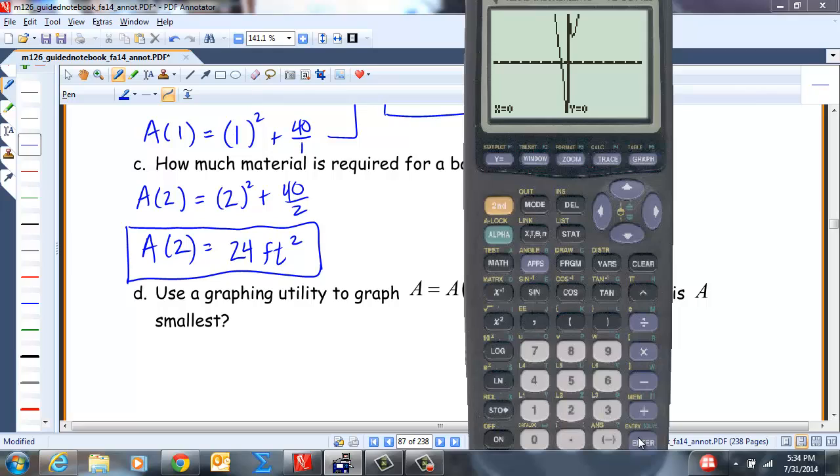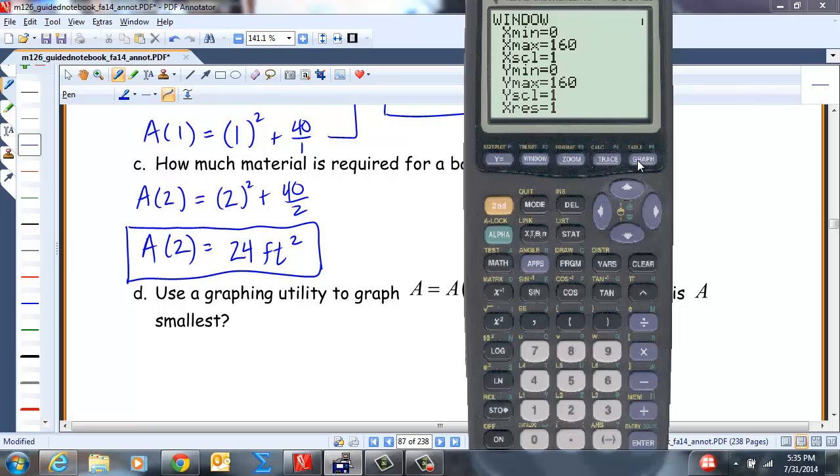So we're not interested in negative values of x. So let's see what we have. So x minimum, we'll put 0. And let's see what our graph looks like. Well, again, not very illuminating. Let's do our window again. We don't need low values of y, or negative values for y.